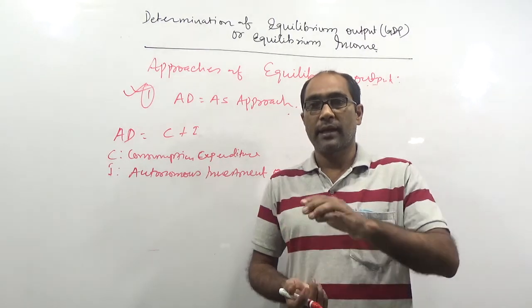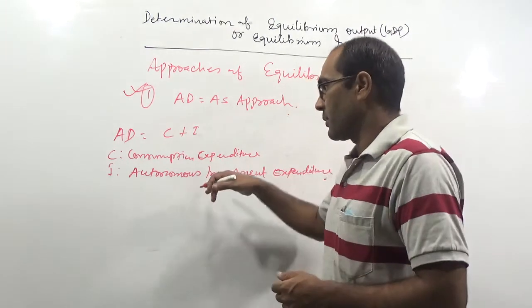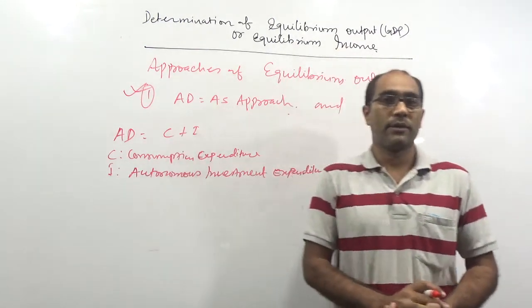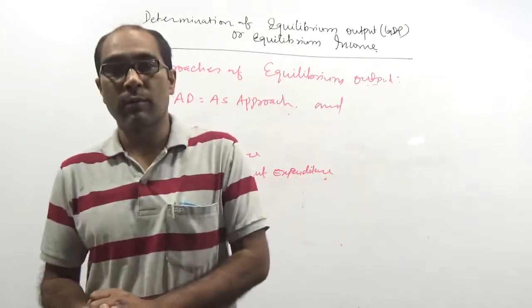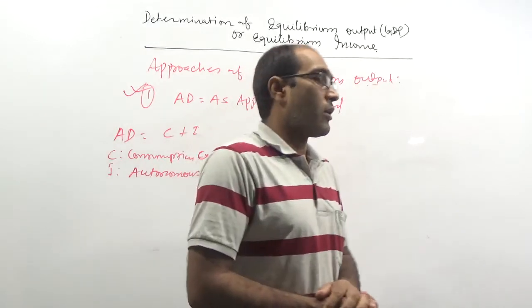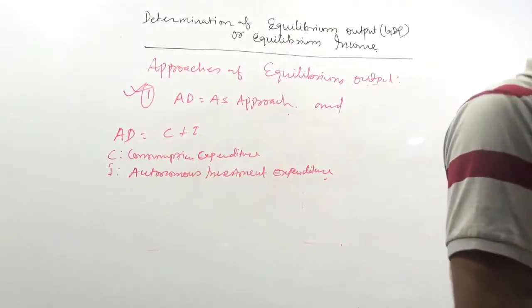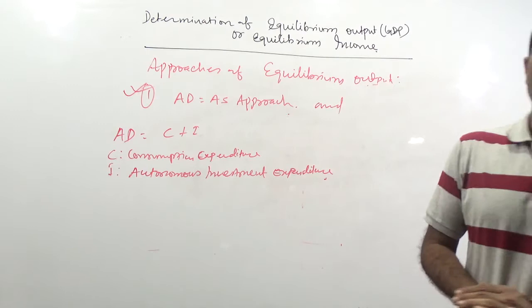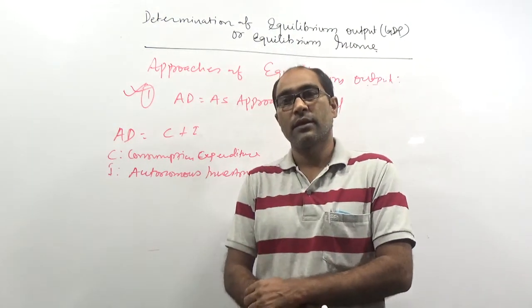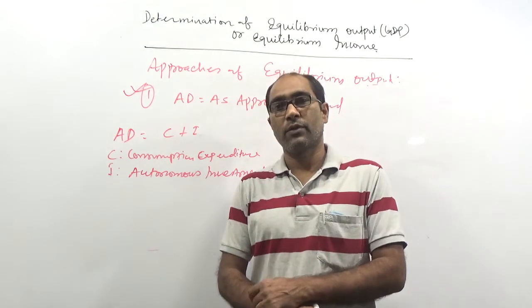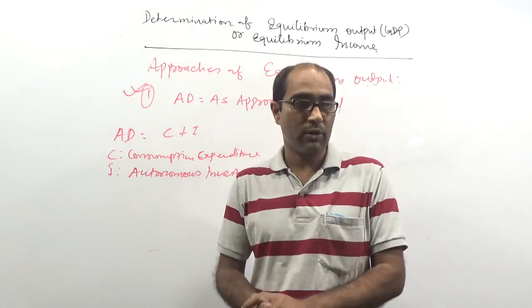It is an independent investment from level of income. Doesn't matter whatever the level of income, there is no role of level of income for autonomous investment expenditure. It's given and remains unchanged because it's investment by government authorities.